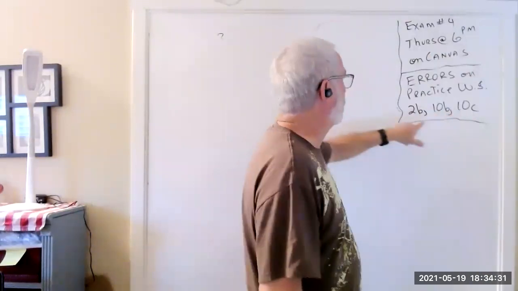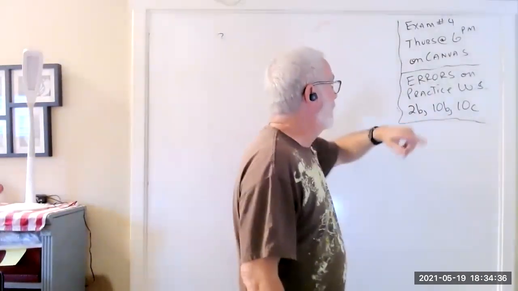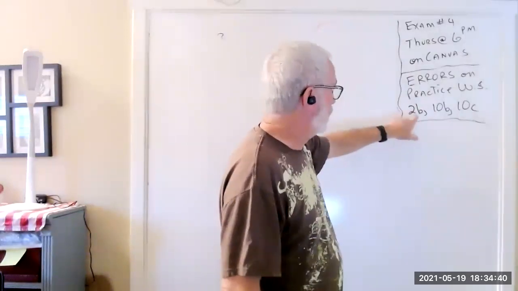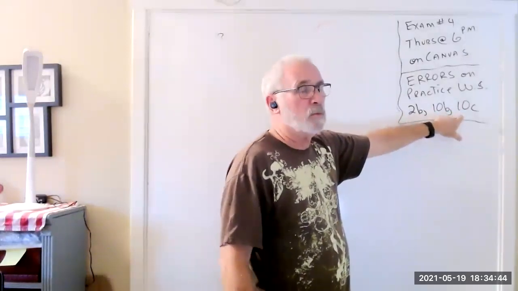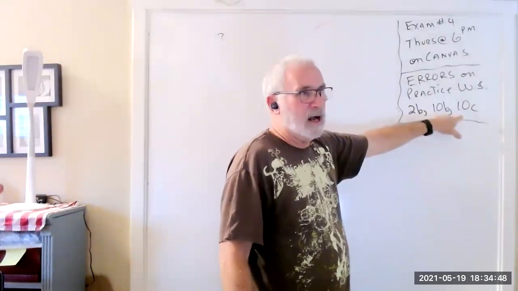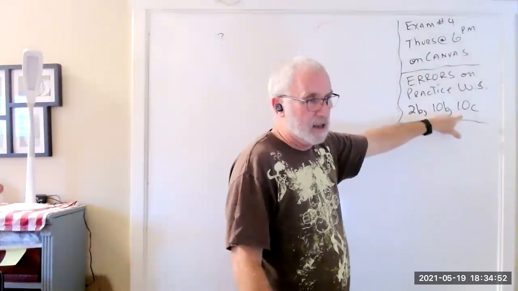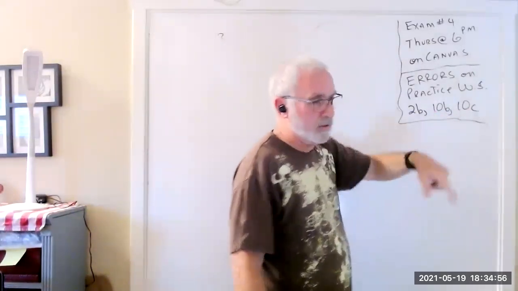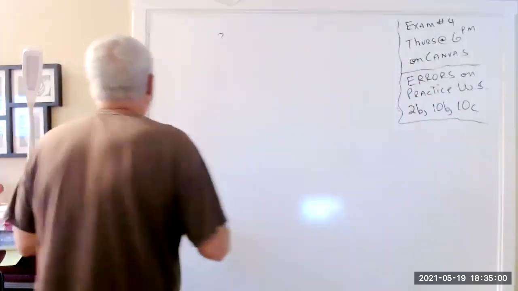For those of you who weren't here last night, Anne found a few errors on the practice worksheet for problems 2B, 10B, 10C. She told me, I figured out the right answers, and I corrected them on the worksheet online on Canvas. You could just check that and then write them over whatever you did. All right. Where were we?